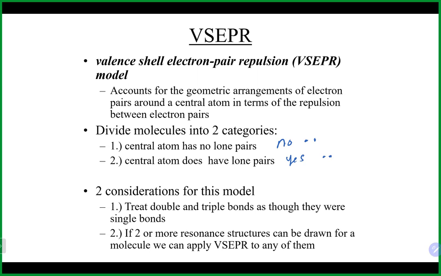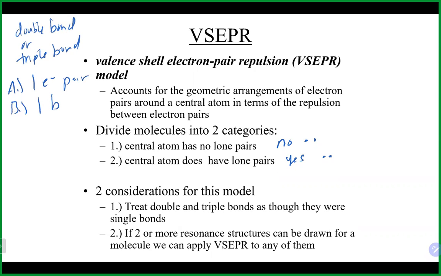When we do geometry, there's one other important thing to keep in mind. Because we're interested in how many electron pairs there are around the central atom and how many bonds there are around the central atom, if you have a double bond or a triple bond, when you go to count those, they count as one electron pair and they count as one bond.